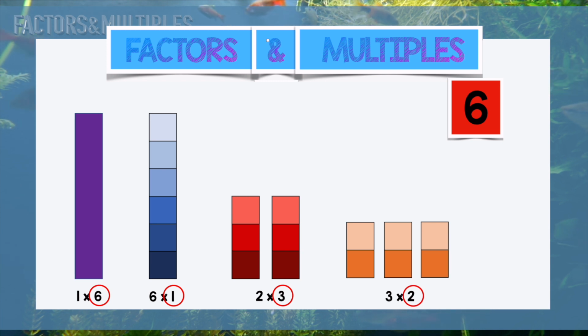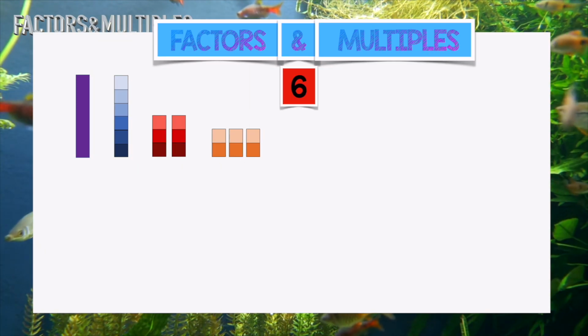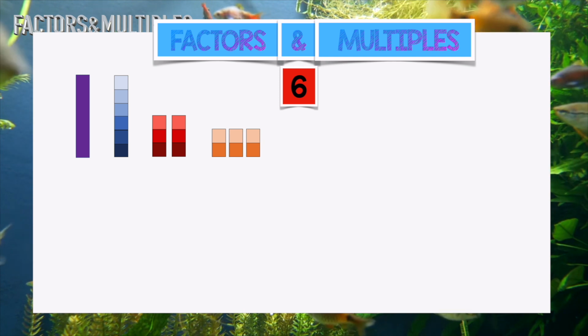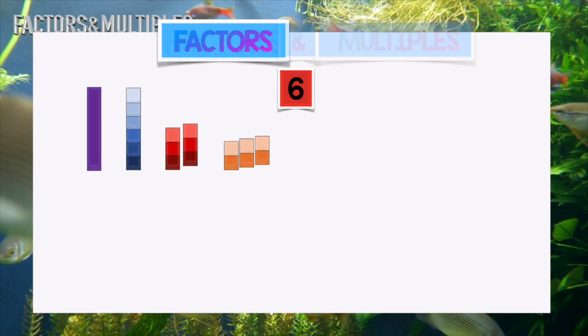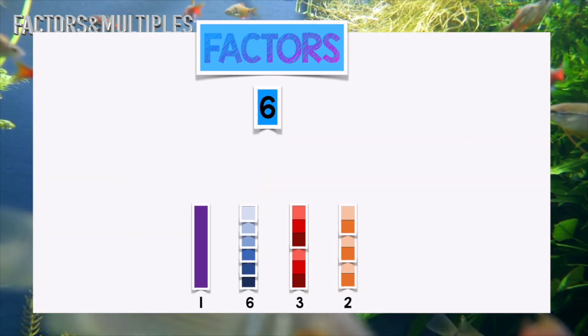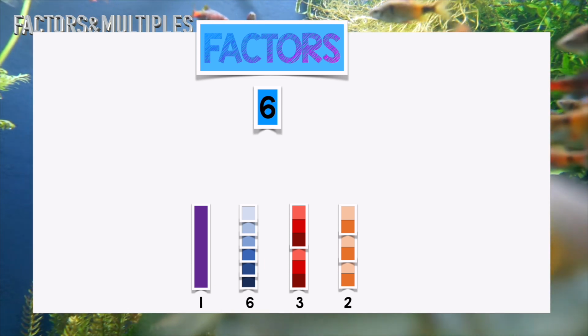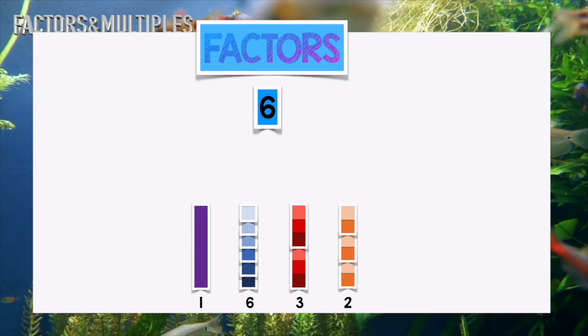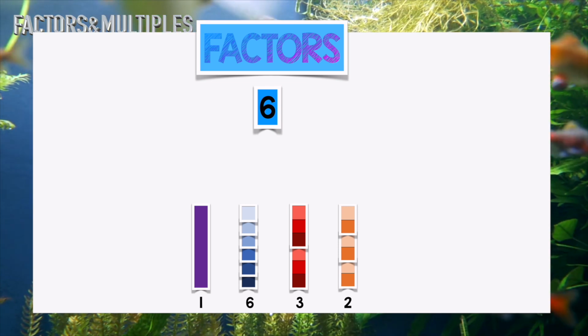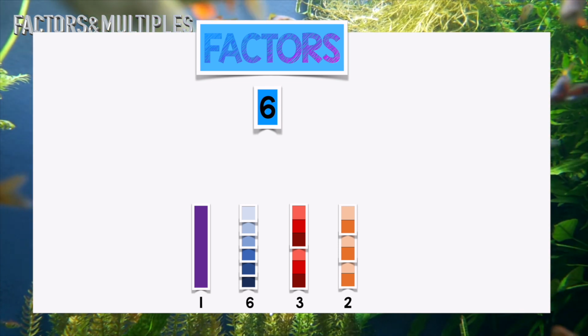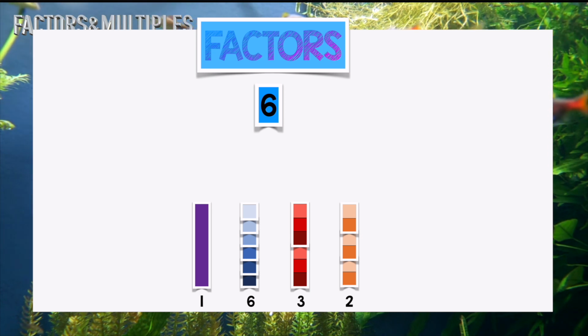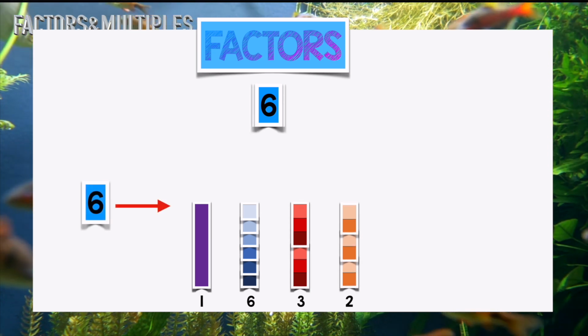So here are our different blocks, and we can put them into a stack to show you that they represent 6. And this here shows you the factors of 6. But now, for the multiple part of this marriage, let's have a look at how we can build on these blocks to make a stacking wall. So these different blocks of 6 show you the factor 6.